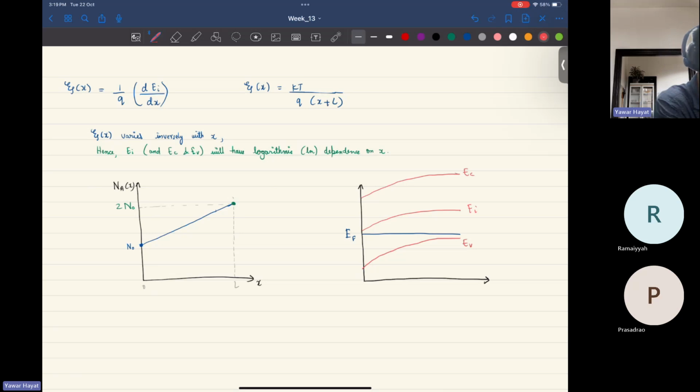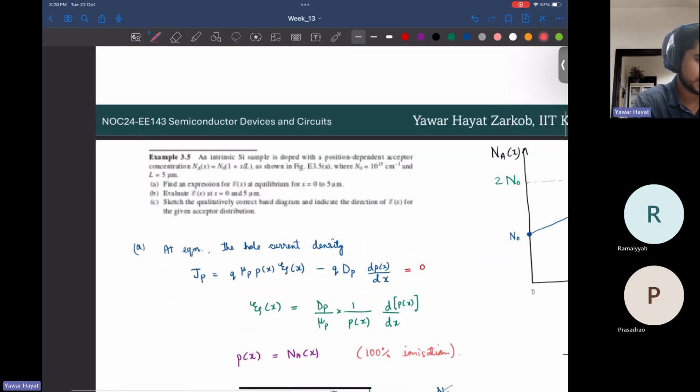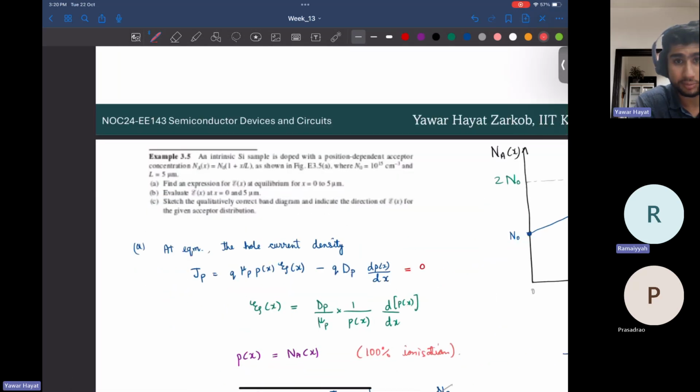This is how this would vary. Why have I drawn Ef constant? Equilibrium condition. Hmm. So this is your ln of x dependence. Fine.